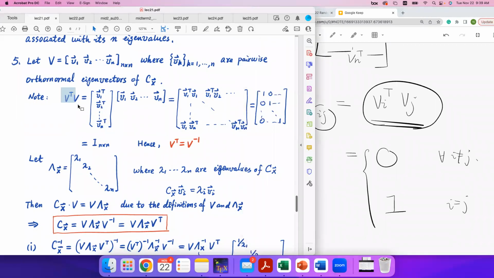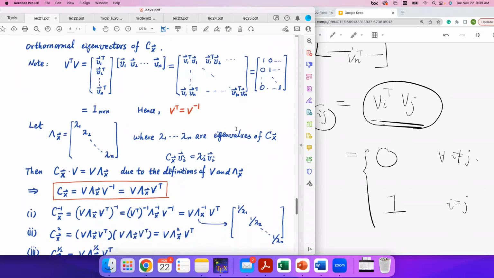So we showed that V transpose V is the identity, which means that V transpose is actually the inverse of V, because we know that only the inverse times the matrix can be the identity. So this shows that this is the inverse of V. And we can also define a diagonal matrix, formed by putting all the eigenvalues on the diagonal elements.